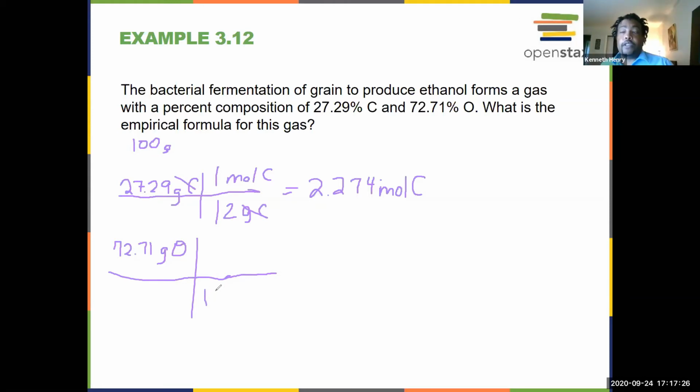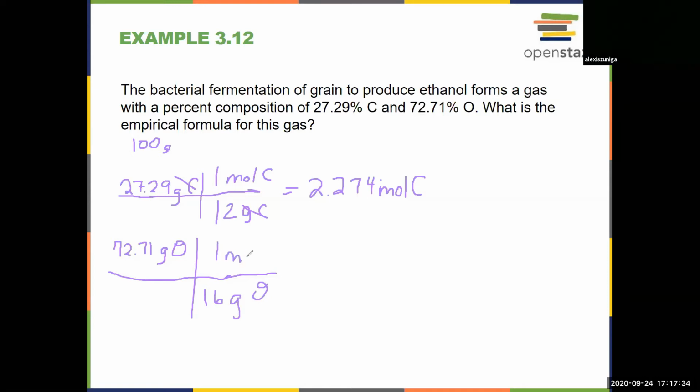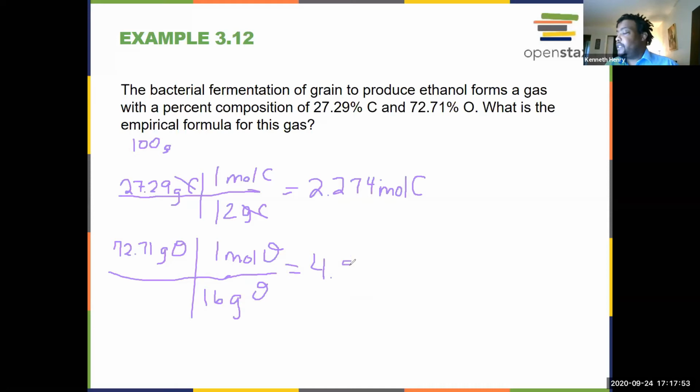So I put it at the bottom or the top? The bottom. Okay, so 16. How many sig figs? 4.